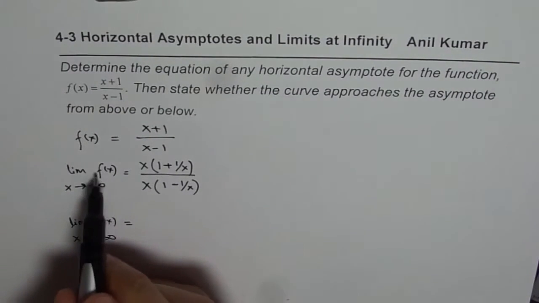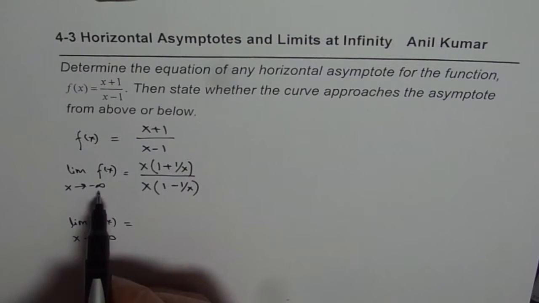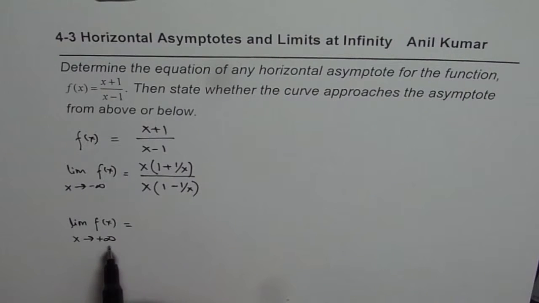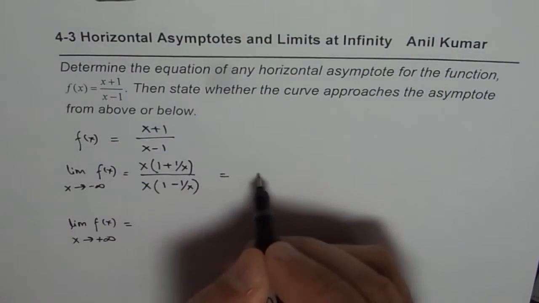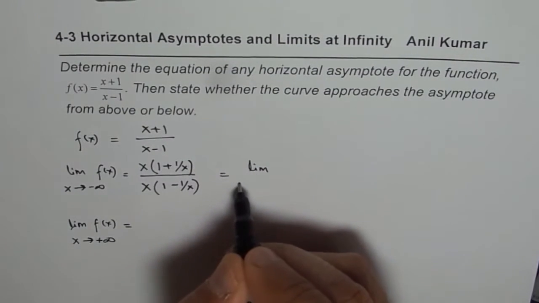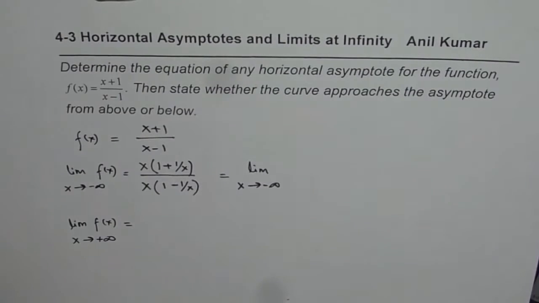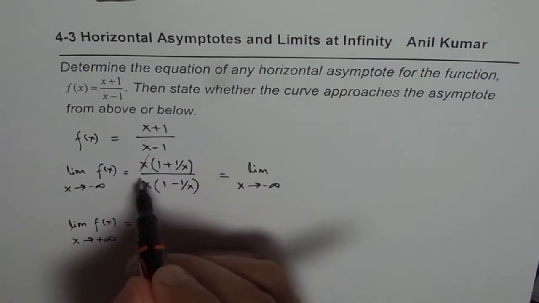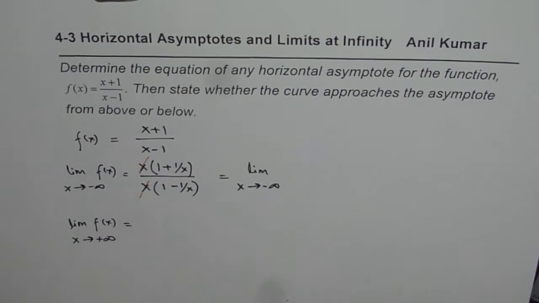Now we are actually trying to find the limit of the function as x approaches a large value, either negative infinity or positive infinity. So I could have written this as the limit as x approaches negative infinity. Now here you can see x and x can be cancelled, so you are left with 1 plus 1 over x and 1 minus 1 over x.